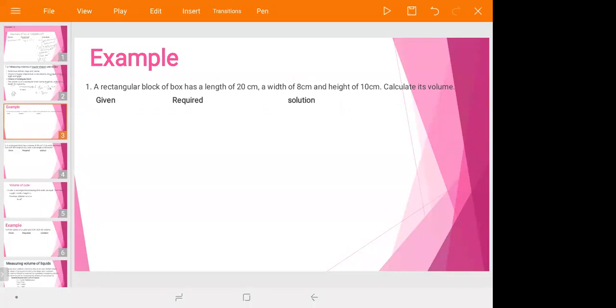Let us see one example again. A rectangular block or box has a length of 20 centimeter, a width of 8 centimeter, and a height of 10 centimeter. Calculate its volume. This is very simple. What's given from this? Length, how many? 20 centimeter.